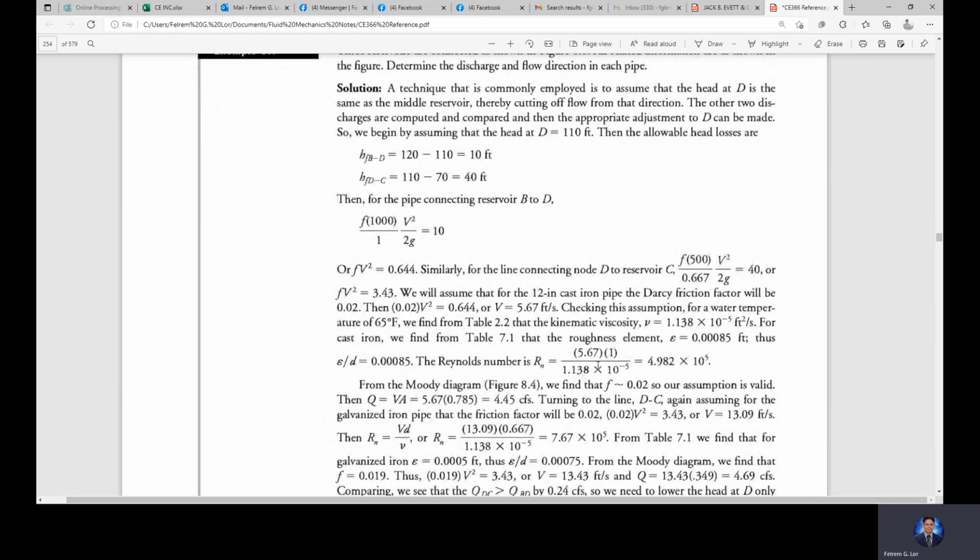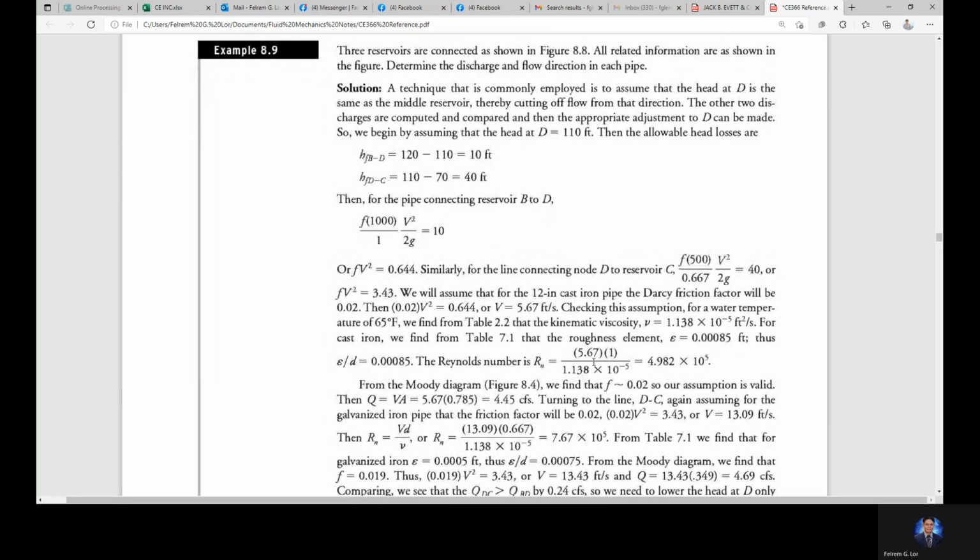Okay, so by the way, the Reynolds number depends on the velocity. Reynolds number is velocity times the diameter over kinematic viscosity.